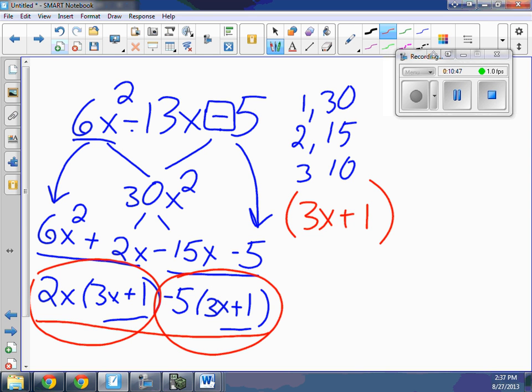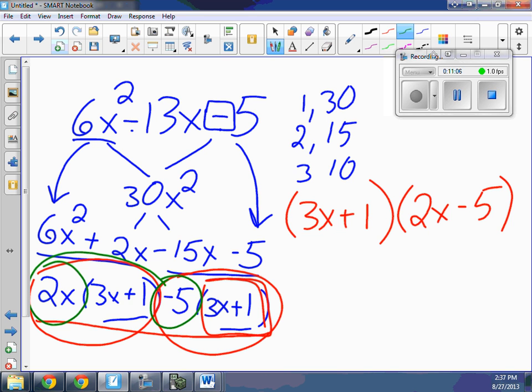If I pull out a 3x plus 1, what's left? Good. Now, you don't actually have to think of it that way. You can automatically say, this is an answer, and this is an answer. And that will be the same for every single possible problem.